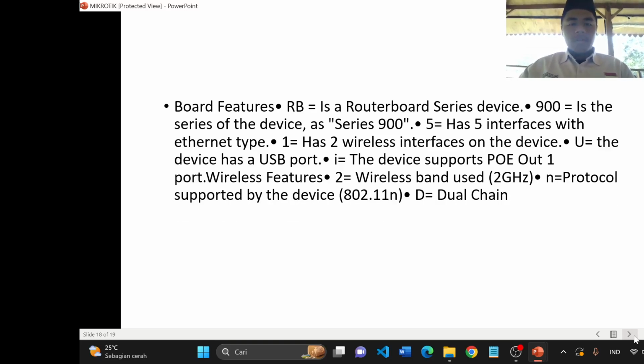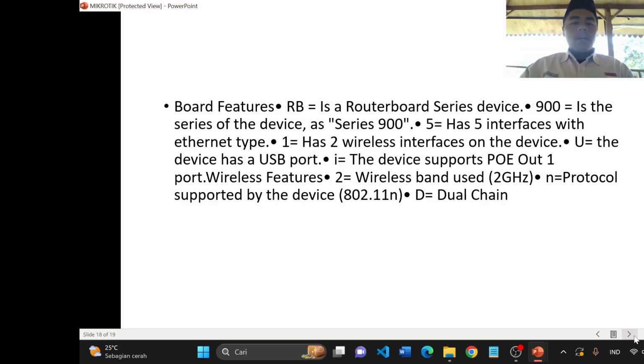RB is a RouterBoard series device. 900 is the series of the device, a series 900. 5 means it has 5 interfaces with Ethernet type. 1 means it has 1 wireless interface on the device.